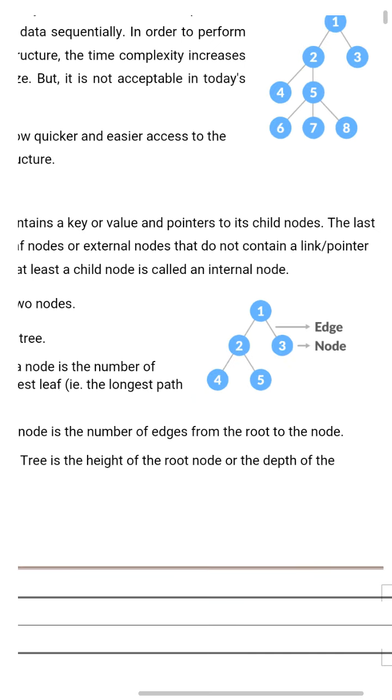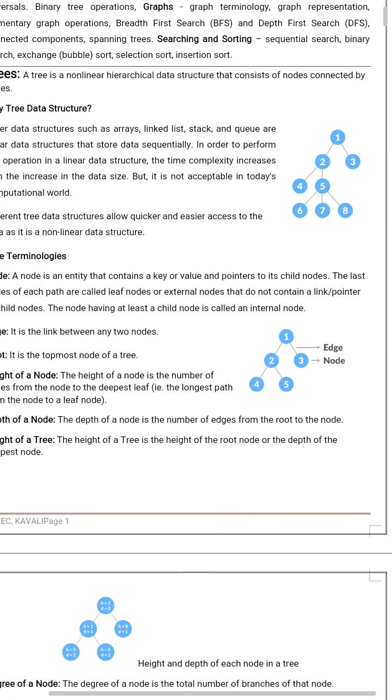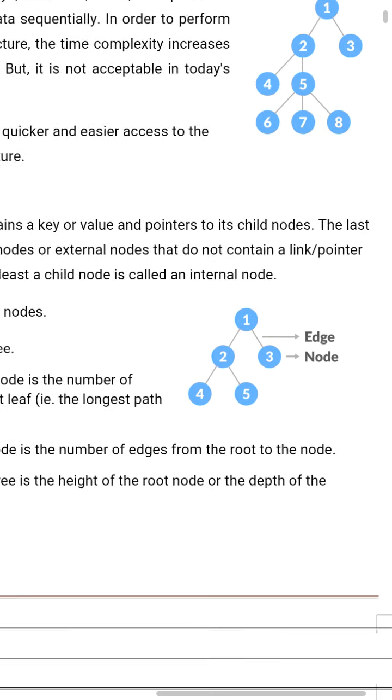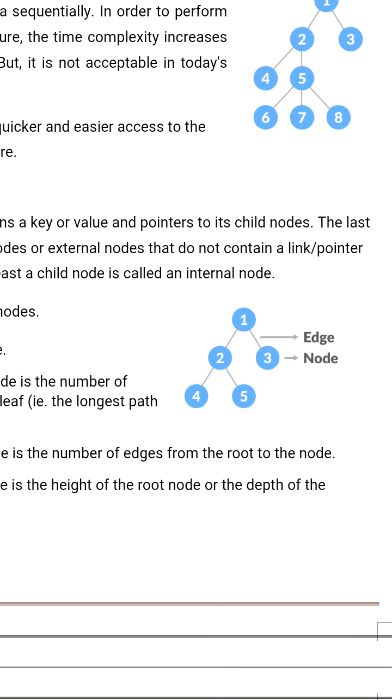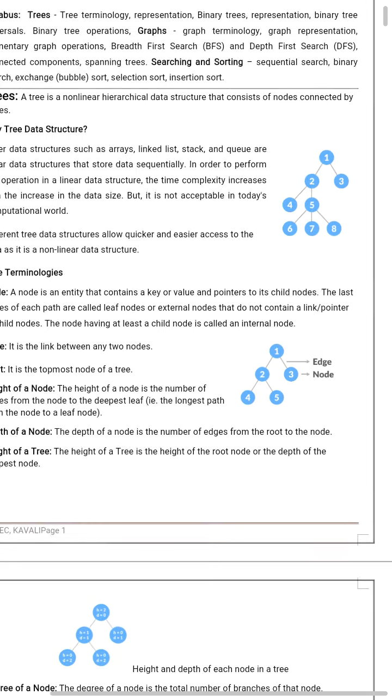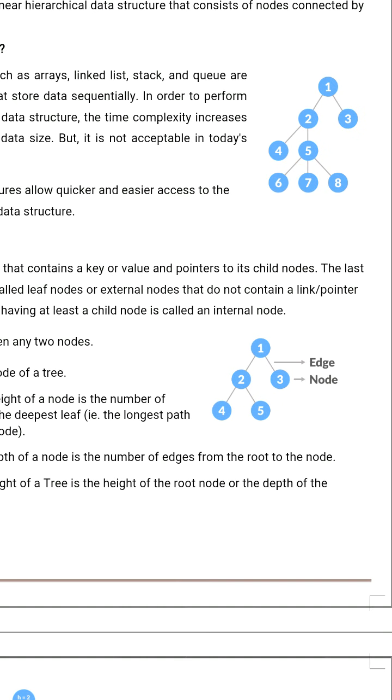Next, observe nodes 3, 4, and 5. These are the last nodes, which are nothing but leaf nodes. These nodes cannot have any further link. See the first node, node number 1. It points to two nodes, 2 and 3. Under node number 2, it points to 4 and 5.